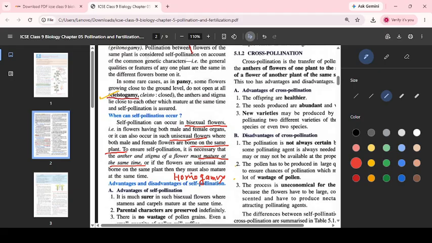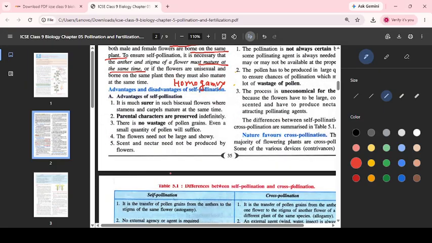Now we are moving to the next topic, that why self-pollination should be there or should not be there. So two conditions you will find. When we talk about advantages, it's quite common. If self-pollination is taking place naturally, it will be causing a kind of overcrowding, but it is sure that pollination will be there because no agent is required.